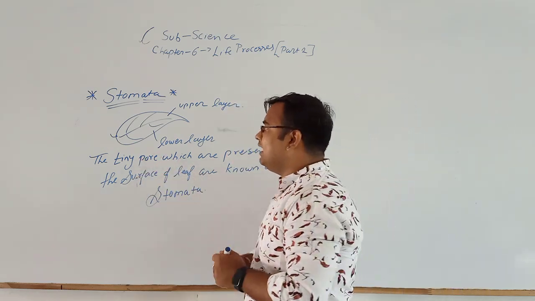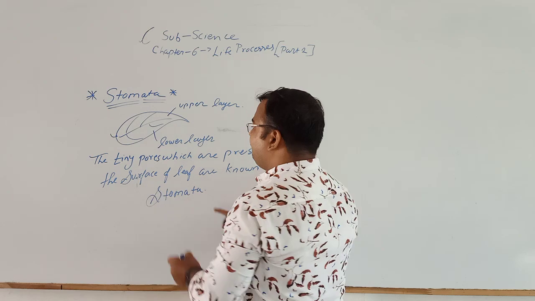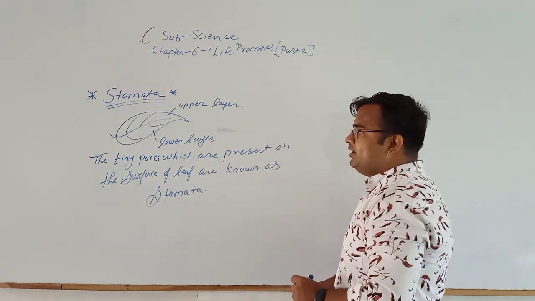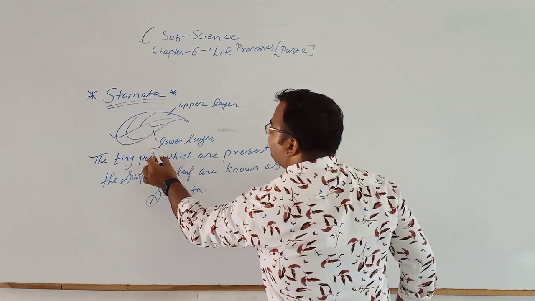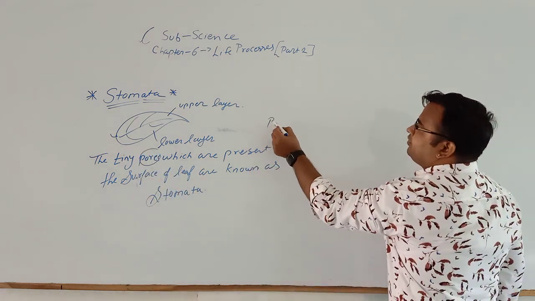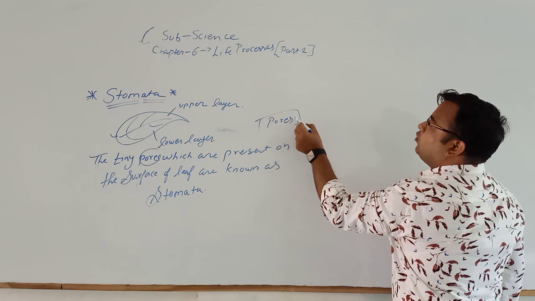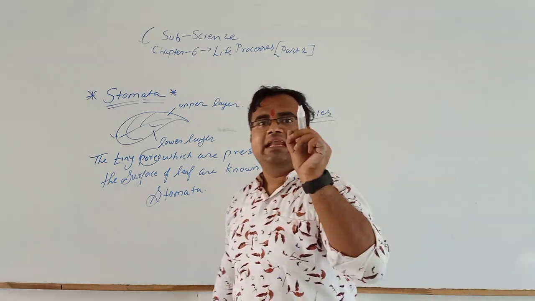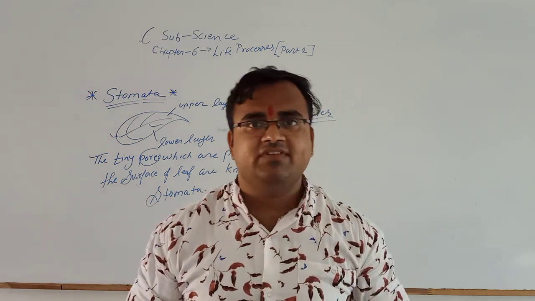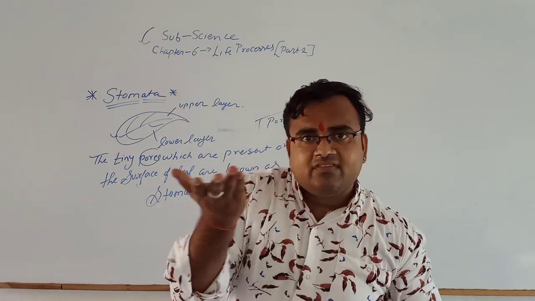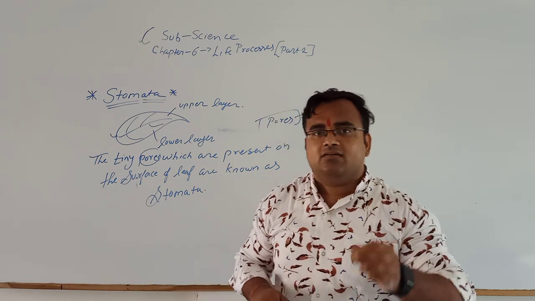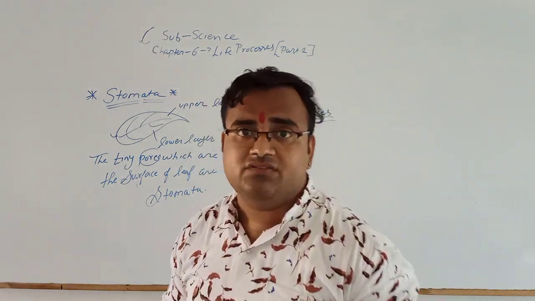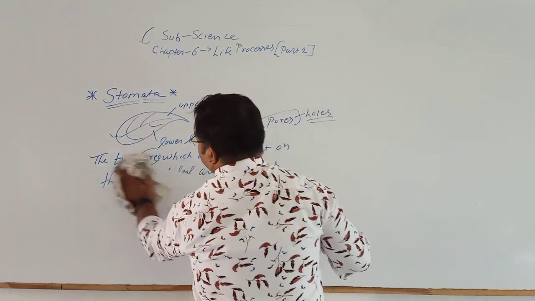Stomata are the tiny pores present on the surface of leaves. Now, what is the meaning of pores? Pores means holes. The tiny holes present on the surface of the leaves are known as stomata. Now, what are the functions of stomata? We'll see.